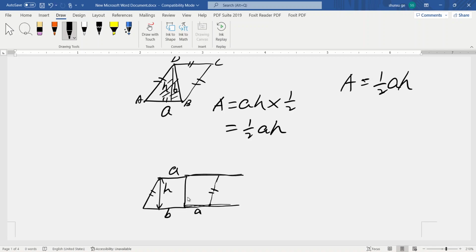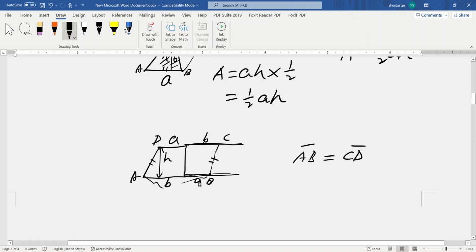So we can find this part is the same, so this should be the same as B. Because this line AB equals CD. So here is A, and this must be B.